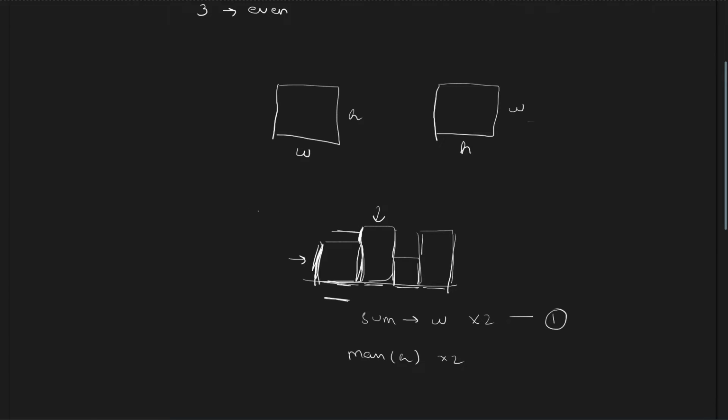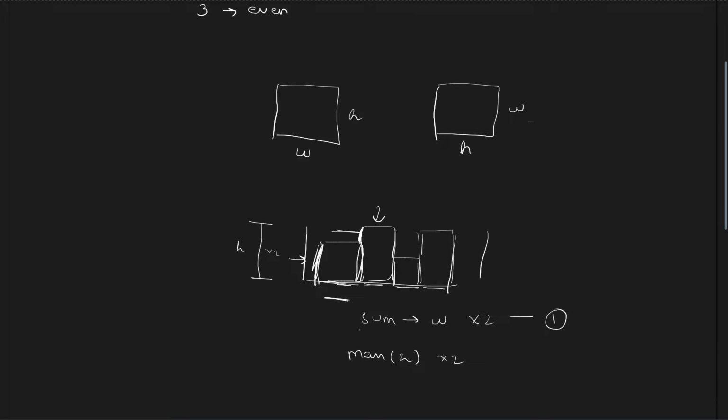So essentially I'm just including the maximum height of all of these, and I'm doing twice of it. Why? Because one time I have included it for the left side, and one time for the right side, right?